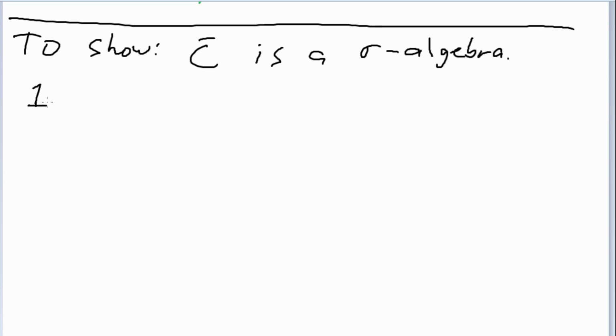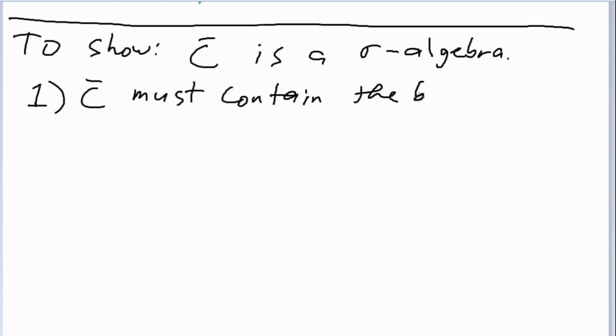So a sigma algebra has three characteristics. C bar is going to have to contain the base set.